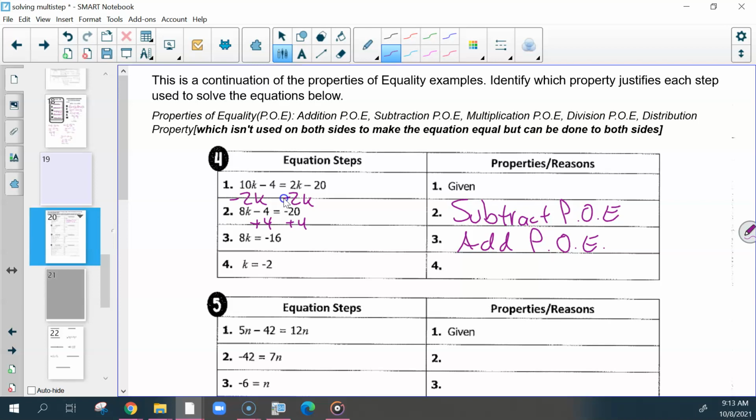And then from step 3 to step 4, divided. Questions on that?